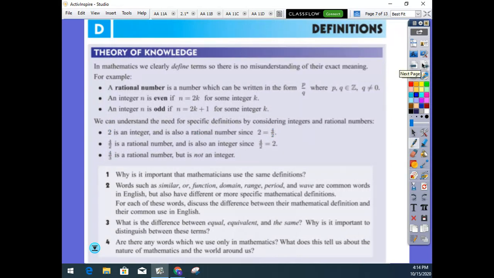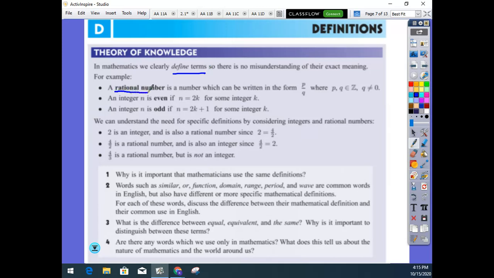All right, 10D is all about definitions and using definitions appropriately. In math, I've always been a stickler about defining our key terms. I mean, you think about all the notes you've taken in my class, holy smokes.